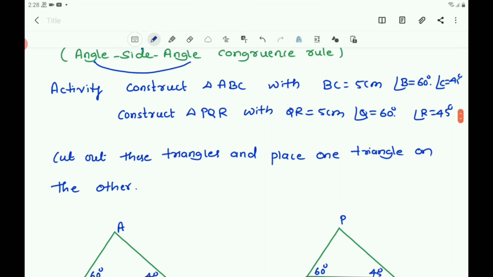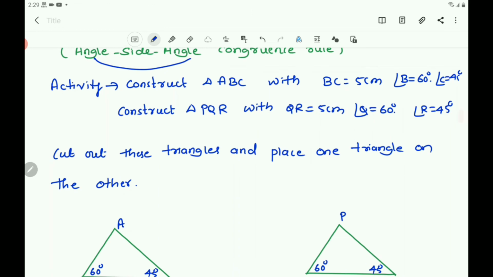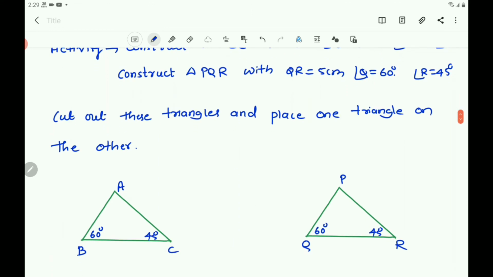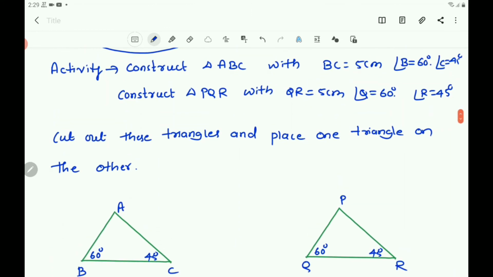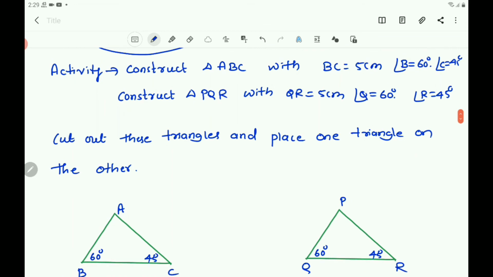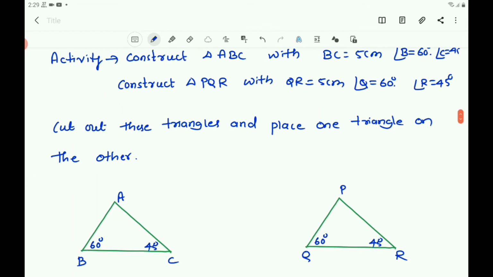That is the activity for you. So construct triangle ABC with BC equals 5 cm and angle B equals 60 degrees and angle C equals 45 degrees. And also construct the triangle PQR with QR equals 5 cm, angle Q equals 60 degrees, angle R equals 45 degrees.